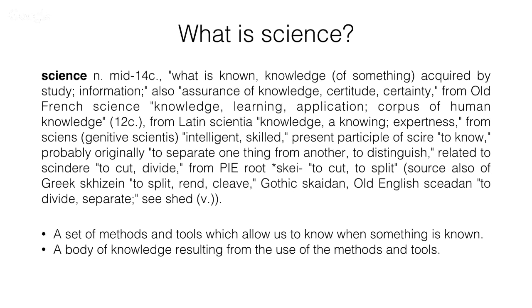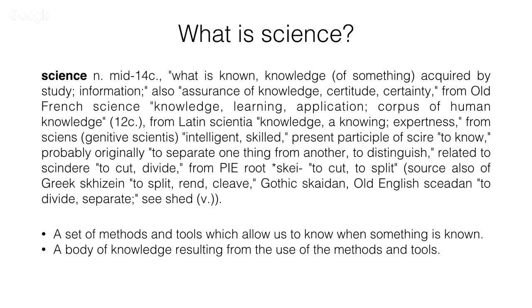Also from Latin scientia, which is knowledge, a knowing, expertness. From sciens, genitive scientis, which means intelligent, skilled, present participle of sciere, which means to know, probably originally to separate one thing from another, to distinguish.